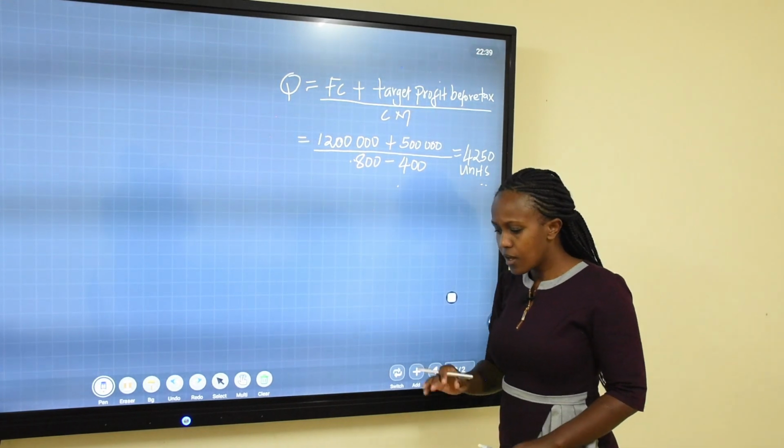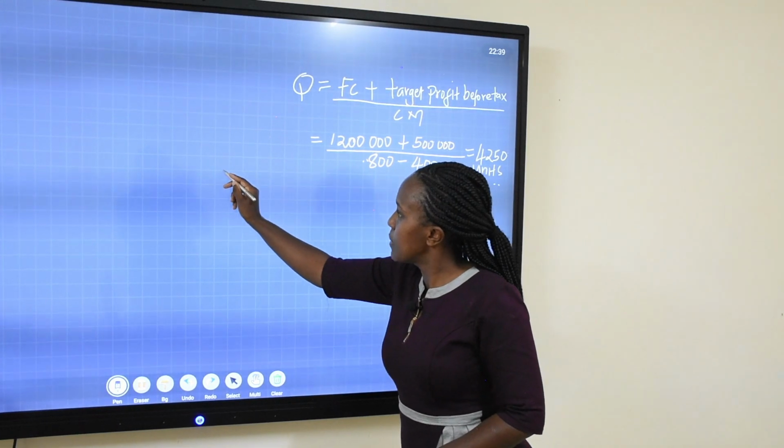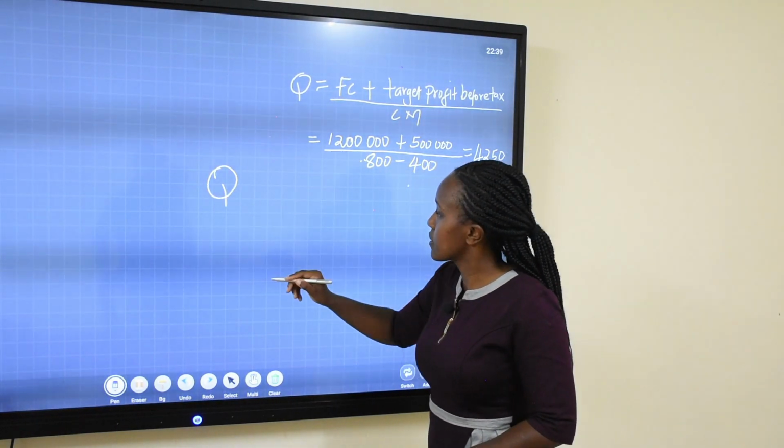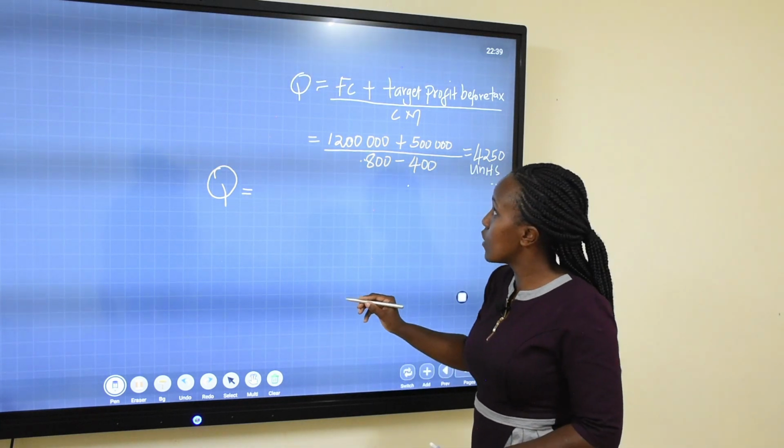Finally, or at least not finally, our question is also asking us, how many units can we sell to earn a profit after tax? The same profit, but now after tax.